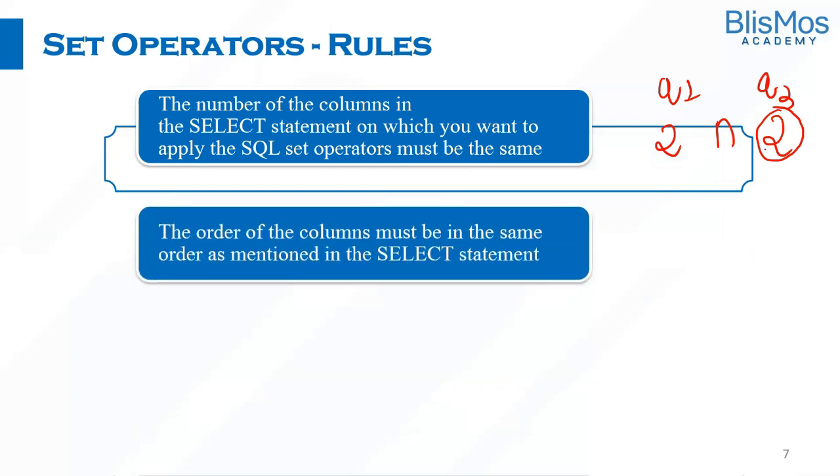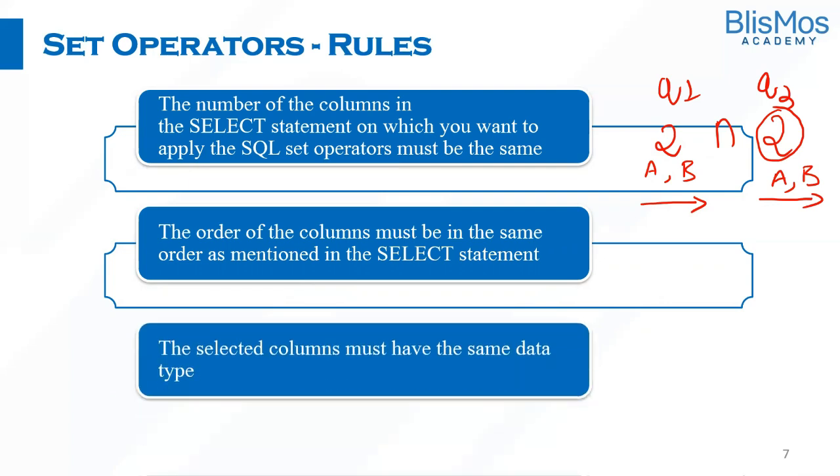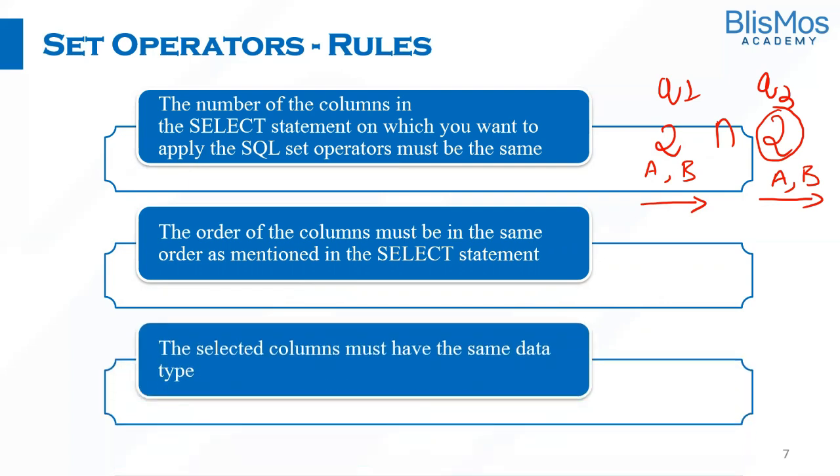The next important thing is you have column A, column B. In the other query also, the columns should be mentioned in the same sequence. I cannot jumble up here. You should mention the column names in the same sequence. That is the second important thing. When you are trying to do the union or any set operators, you've also got to have the same data types. This data type should match with this data type.